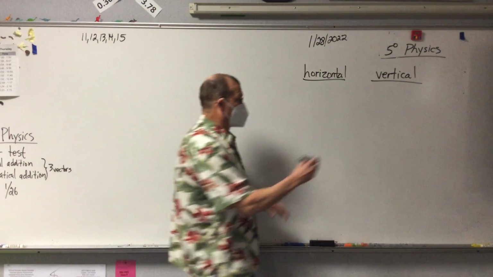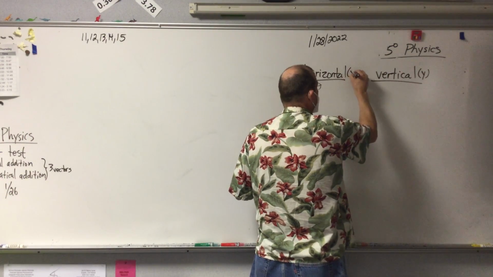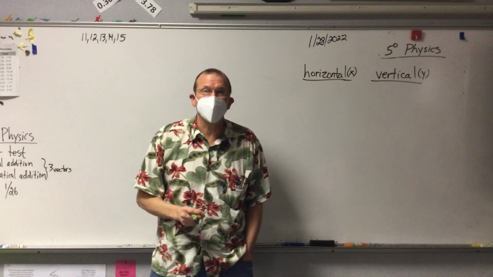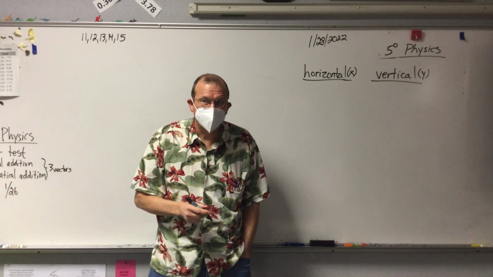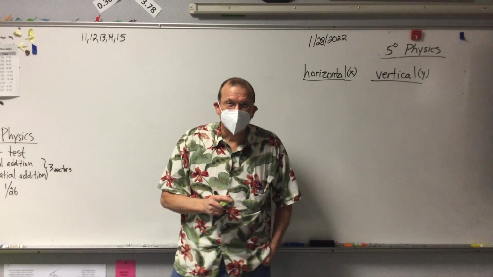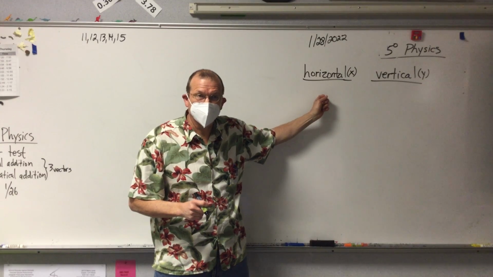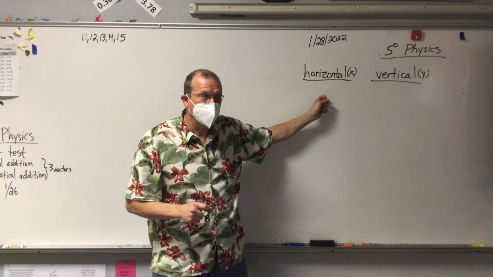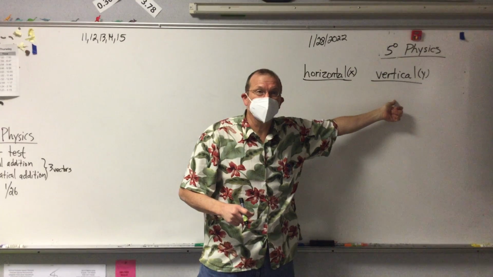Well, we do refer to this one as Y and this one as X. I'm thinking more of the behavior of how the object is moving in each dimension. Horizontal slows down while vertical speeds up? No. What kind of motion do we have horizontally that we mentioned? Constant velocity. What do we have going on vertically?